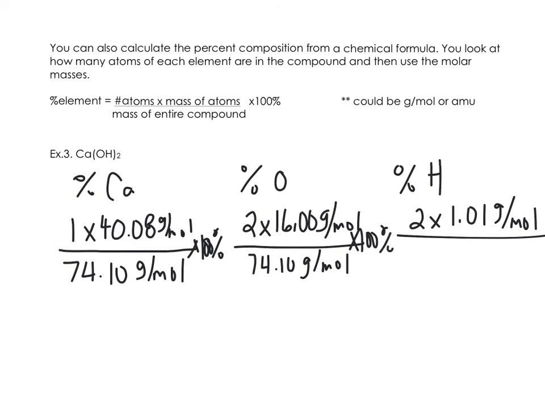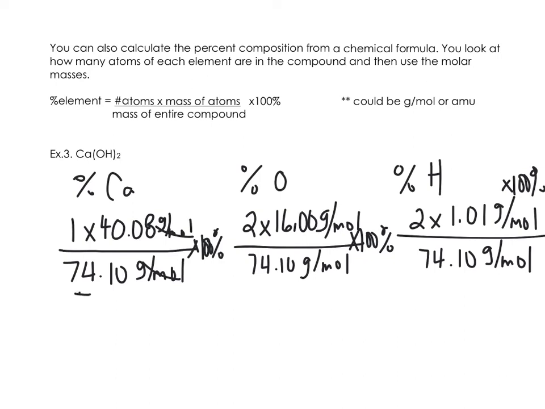So if you're using atomic mass units, it would be atomic mass units replaced where we have grams per mole. Oops, times 100%. Okay, so grams per mole would cancel. Your units always cancel.